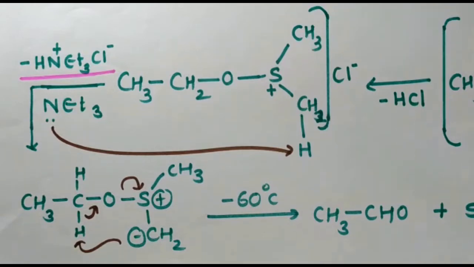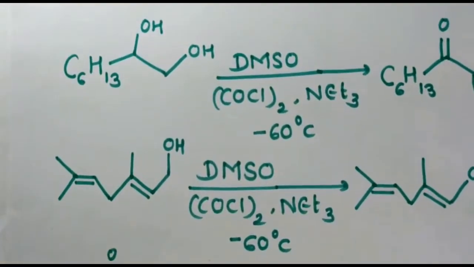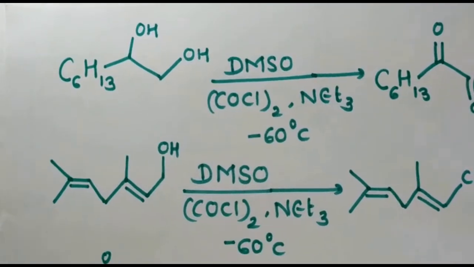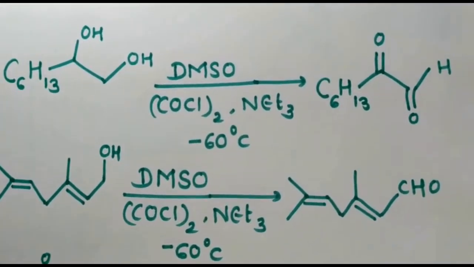Now we will see some basic examples for this Swern oxidation. Here you can see that the primary as well as the secondary alcohol is present here, and both get oxidized. The secondary alcohol gets oxidized to the ketone and the primary alcohol gets oxidized to the aldehyde.